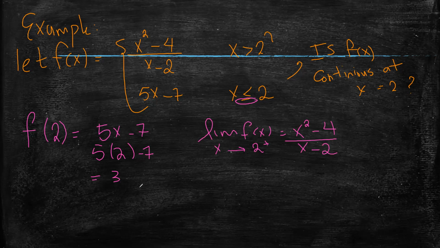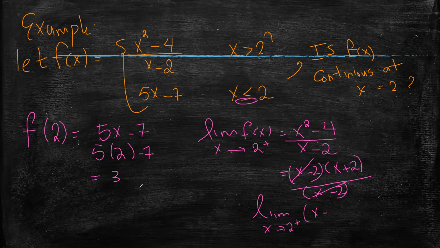I have to simplify. I will write it as x minus 2 times x plus 2 over x minus 2. Then the limit as x approaches 2 from the right of x plus 2 is equal to 2 plus 2, which is 4.